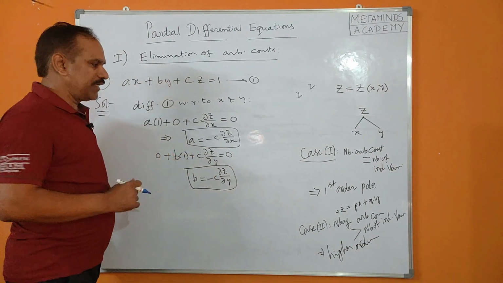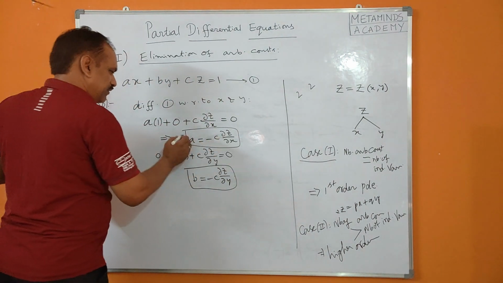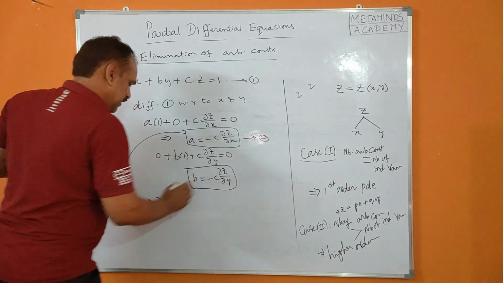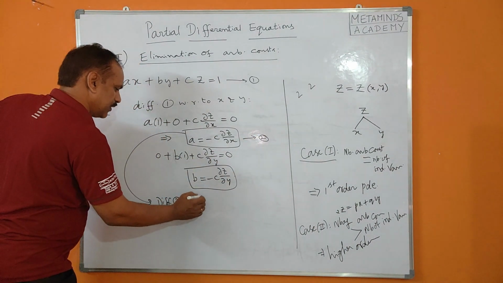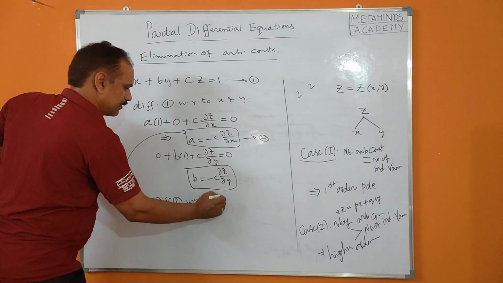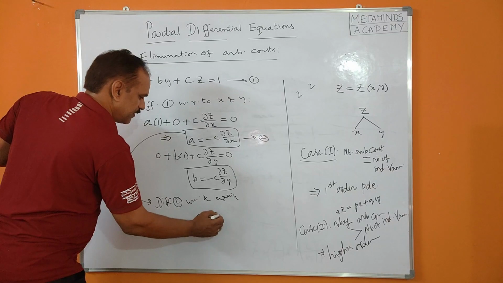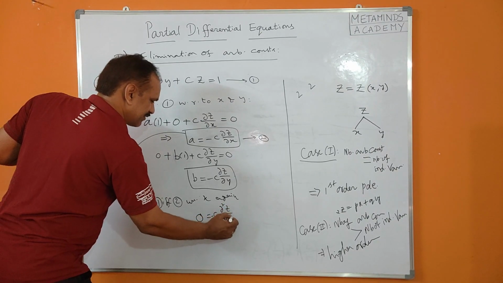To eliminate c, we have to differentiate this or this one more time to get a second order partial derivative. So, either you take this one, that means you name it as 2, differentiate 2 with respect to x again. What you will get? 0 equal to minus c into dou square z by dou x square.